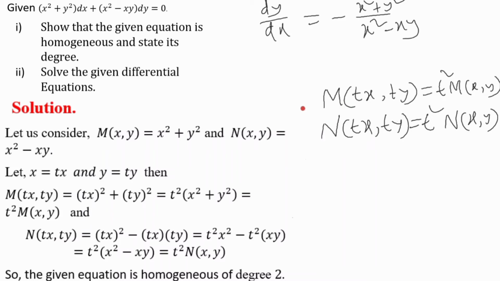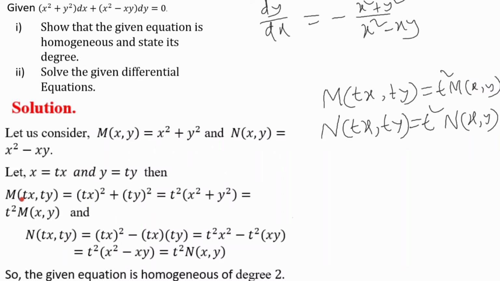So first we have to make sure this M is a homogeneous function. If we put x equals tx, y equals ty, then we have to get this answer. Here alpha is 2 for M(x,y). Now you can see how we get this answer.